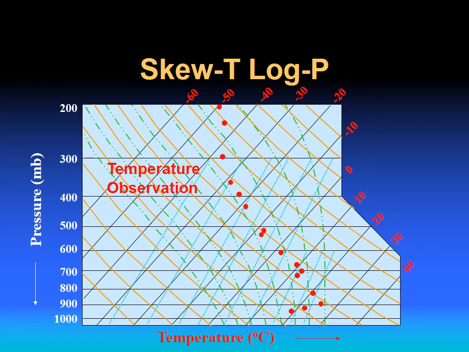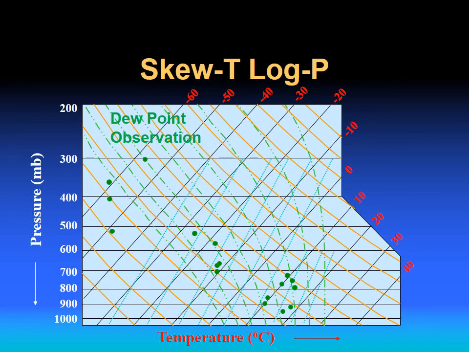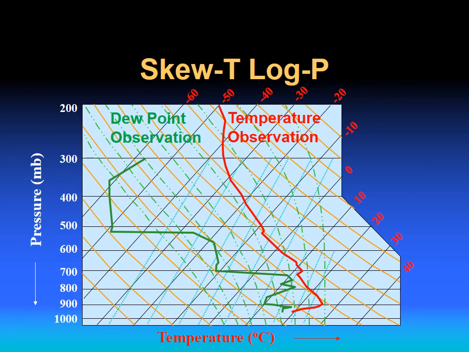And then when we connect the dots of these temperature observations, we get a line. And that is our temperature trace. We could do the same thing for dew points. It looks pretty scattered there, but as you go up, dew point varies significantly. And we can connect the dots, and we have a dew point trace. We can combine these two on one diagram, and it looks like that.